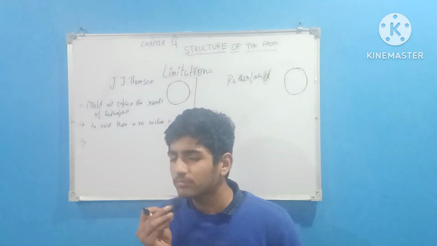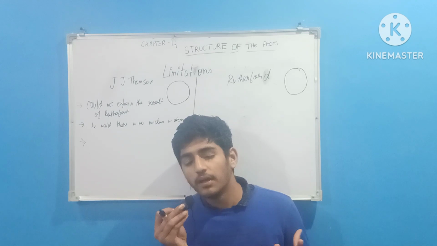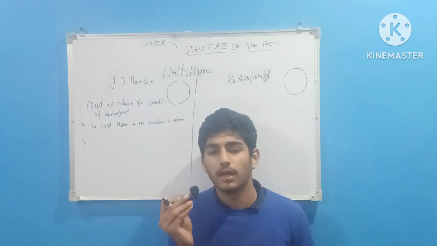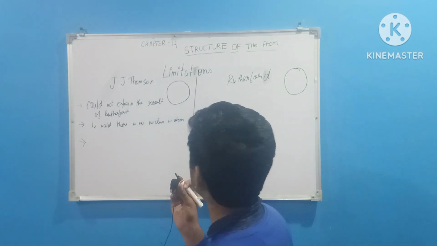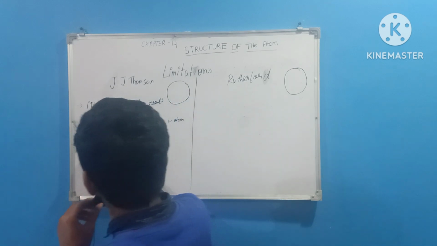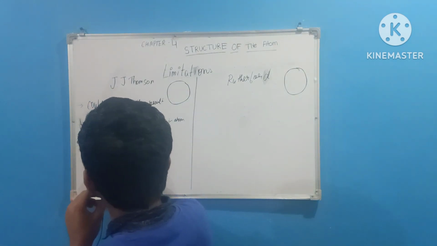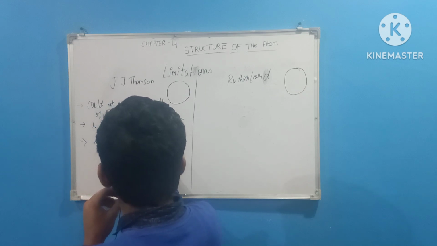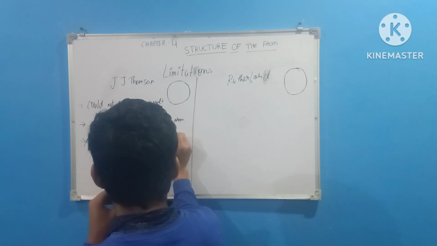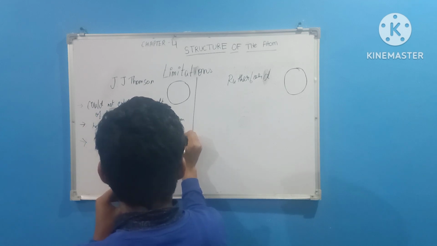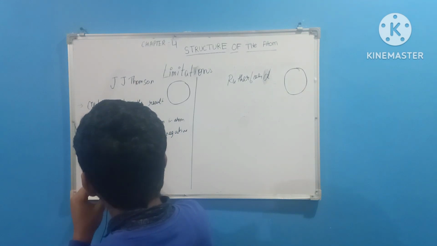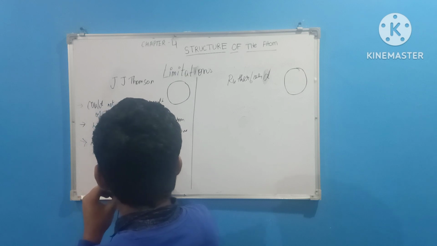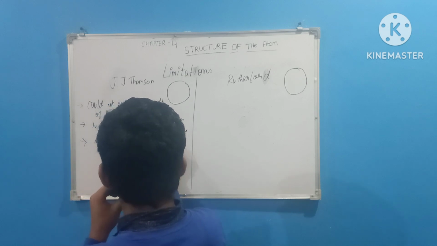So how can positive and negative charge remain together? How is it possible?